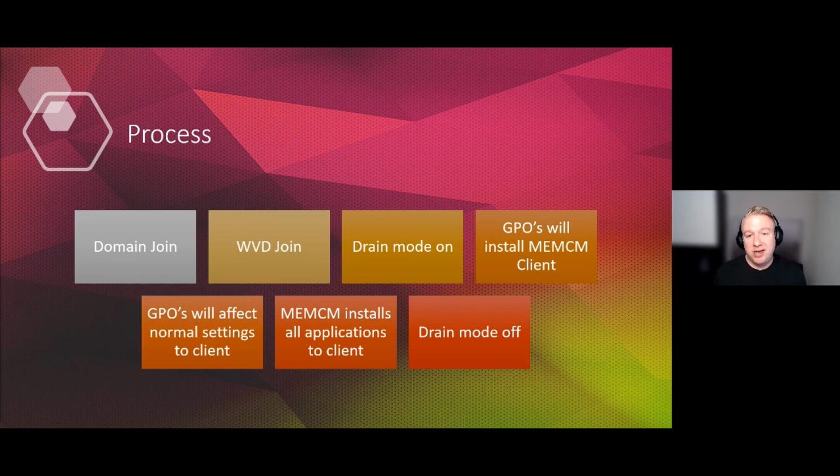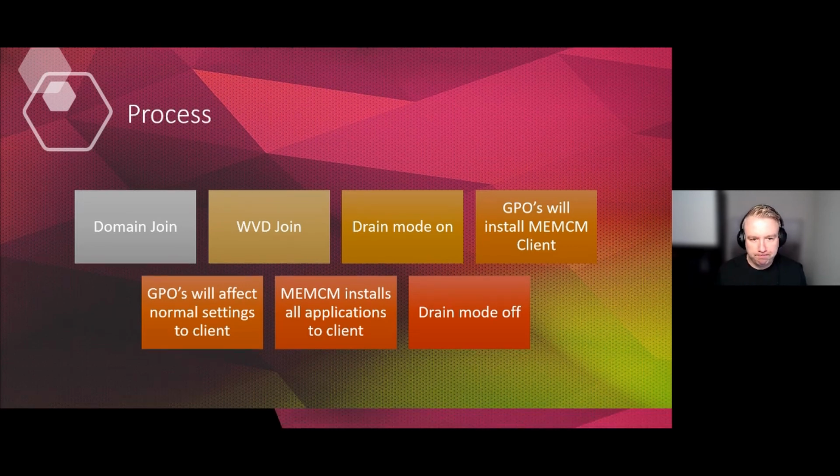If you are deploying the initial applications through the task sequence, for example, you can manage the drain mode with some script or something, it calls some webhook that turns the drain mode off. So it's not so hard. It's a little bit another way to think about it.